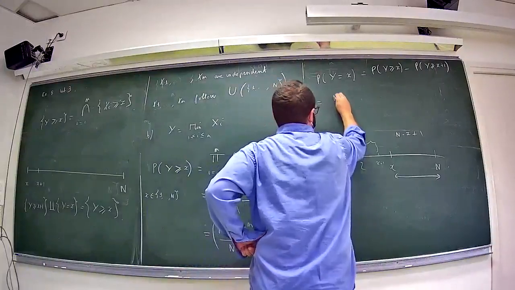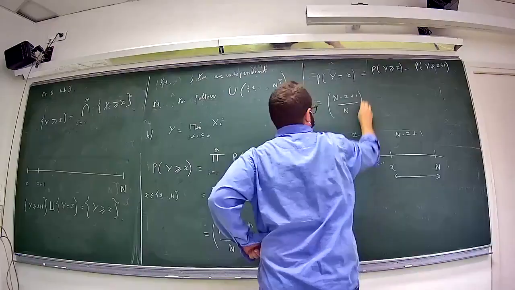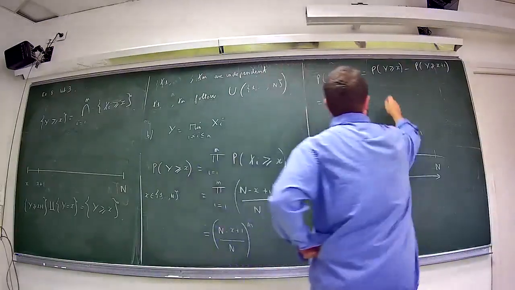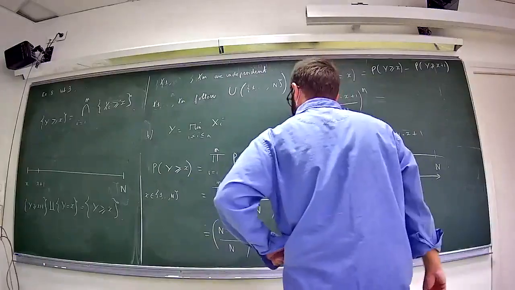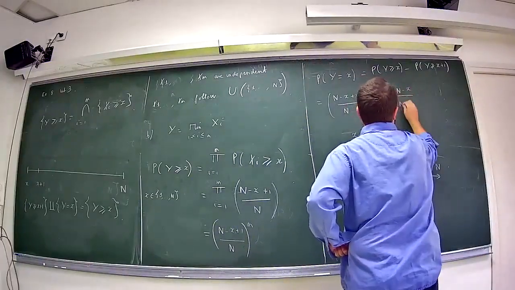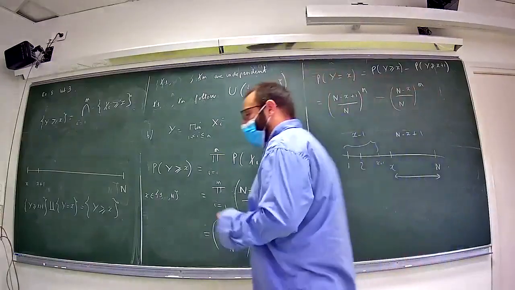It is n minus x plus 1 over capital N to the power n, minus n minus x over n to the power n.